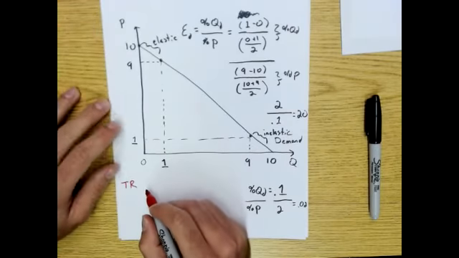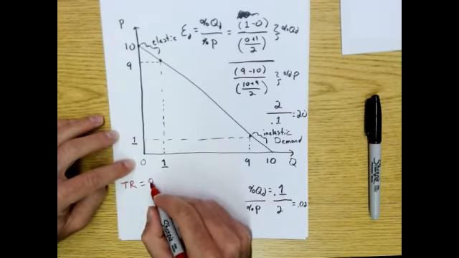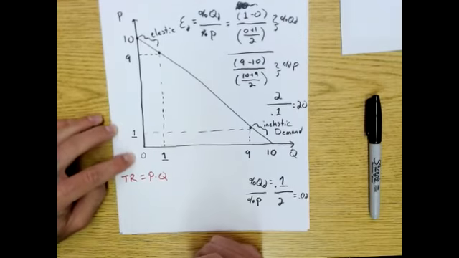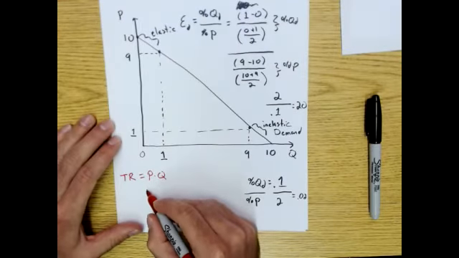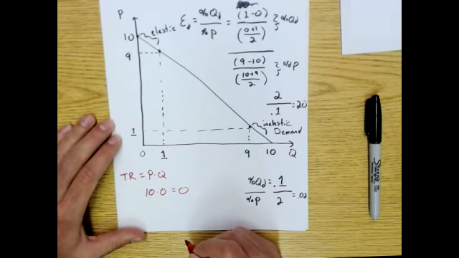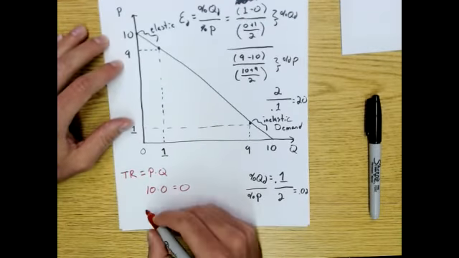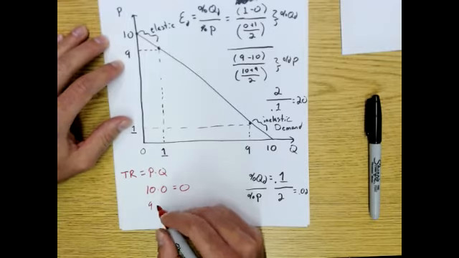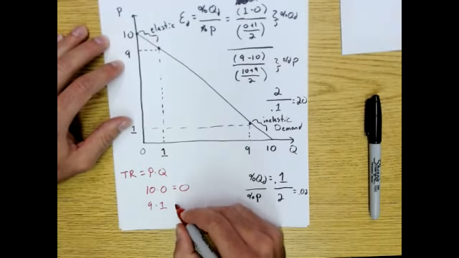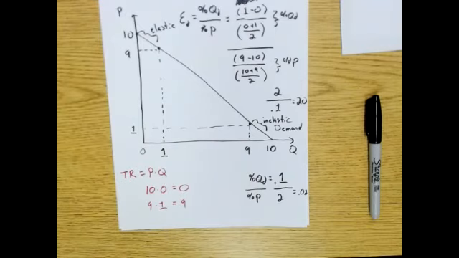When we were selling a quantity of 0, total revenue is 0 because total revenue is simply price times quantity. So we started out originally at a price of 10, we sold 0, our total revenue is 0. When we then move down, we decrease our price. Now the price is 9, and we're selling 1 unit. Notice total revenue has gone up.